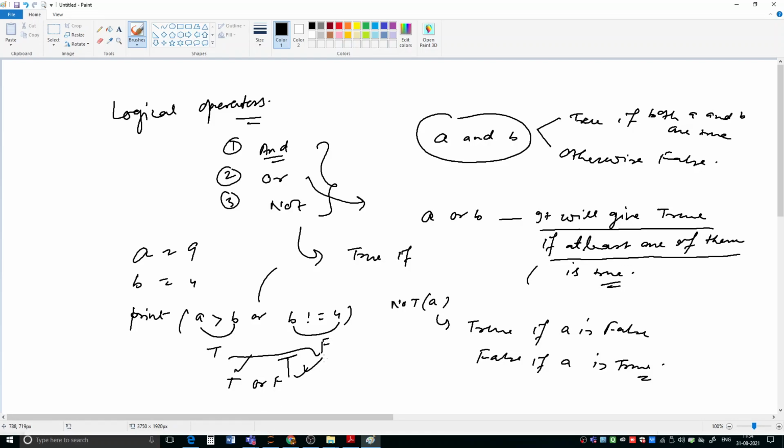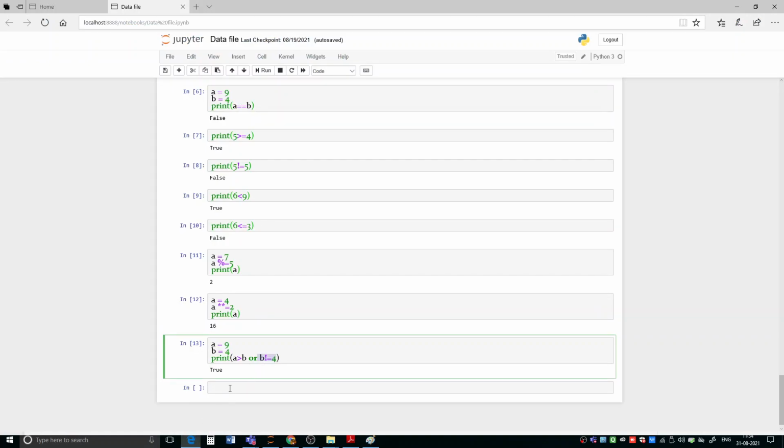So logical operators we will be using for combining two or more expressions. Let us see one more example here. Suppose you have A equal to 34 and B equal to 30.